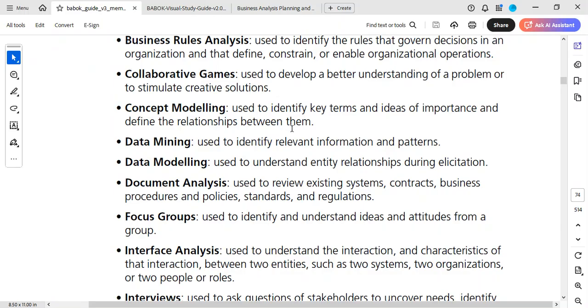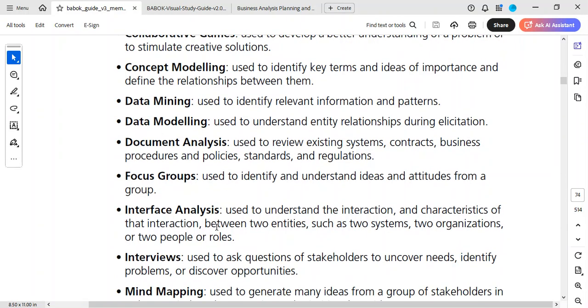Concept modeling, used to identify key terms and ideas of importance and define the relationships between them. Data mining, used to identify relevant information and patterns. Data modeling, used to understand an entity relationship during elicitation. Document analysis, used to review existing systems, contracts, business procedures, and policy standards and regulations.